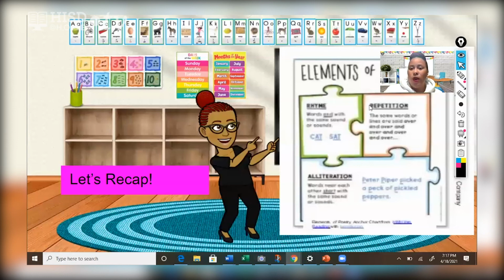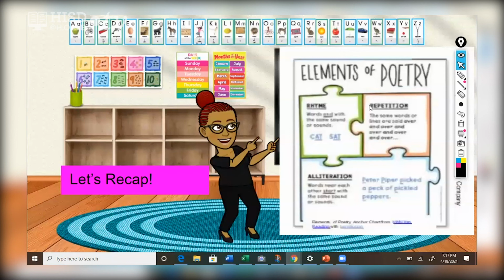Let's talk about what we saw in this lesson today. That's called our recap. A recap means we go back over what it is that we learned. This lesson was a continuation of our lesson from last week, we talked about poetry and the different elements of poetry.